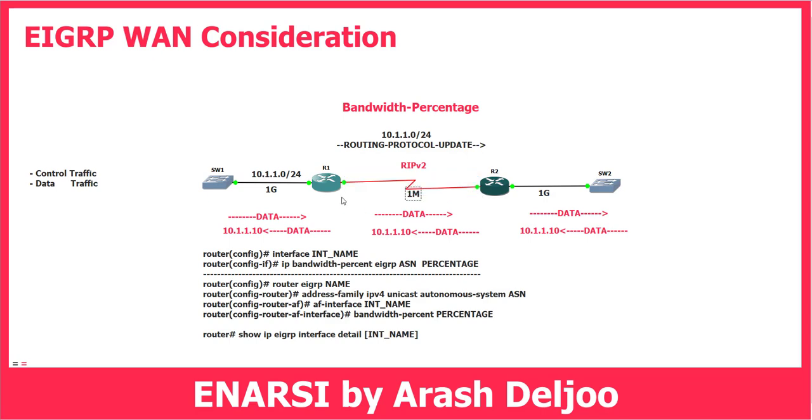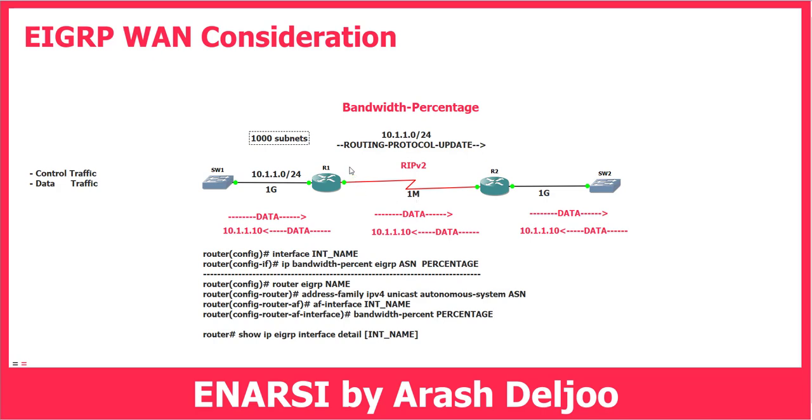This means that, assume that in R1 we have many routes, for example 1,000 subnets, or maybe more in the R1 routing table. And also here we are using a link with lower bandwidth, for example 64 kilobits per second, 128 kilobits per second, or 512 kilobits per second, a little more or a little less.